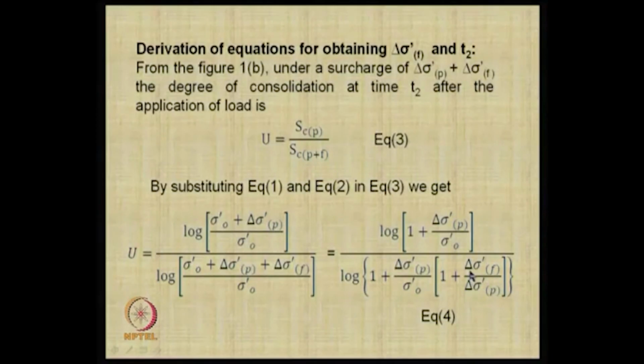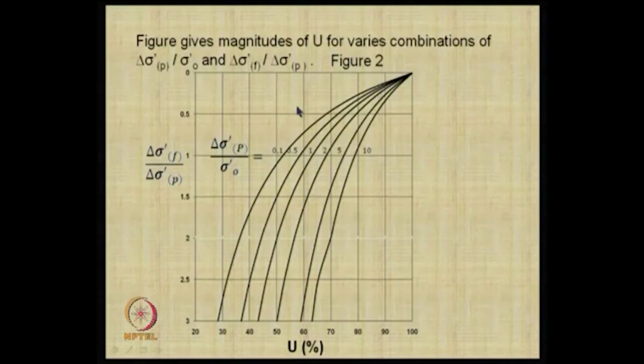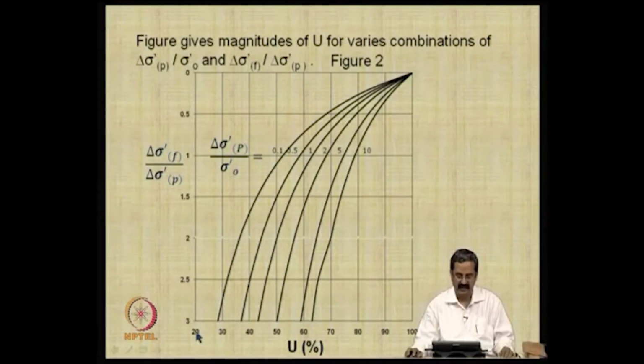The degree of consolidation is a function of these two variables. Once you know these two coefficients, you can calculate the degree of consolidation at time T2. One can do a simple Excel plot, taking the same equation and plotting it. We need a good degree of consolidation, that is our objective.